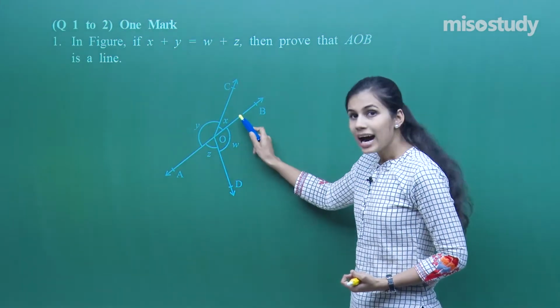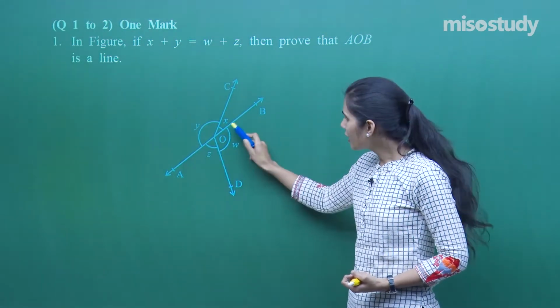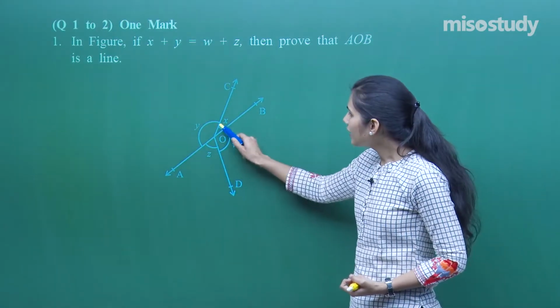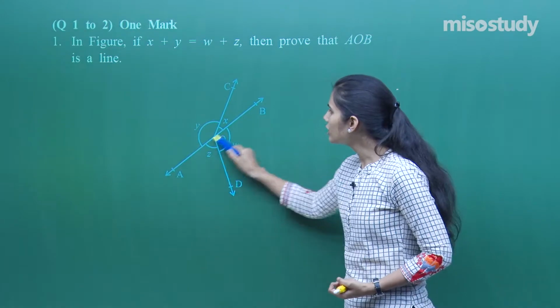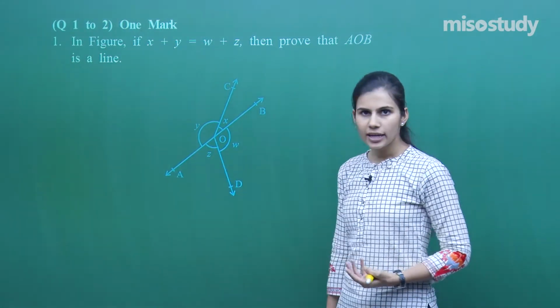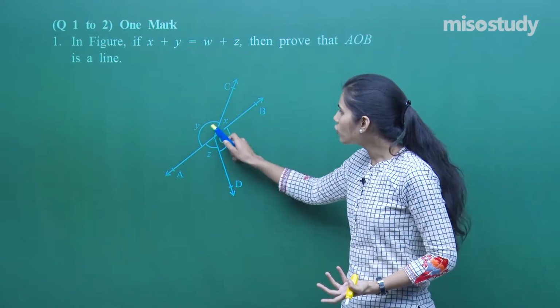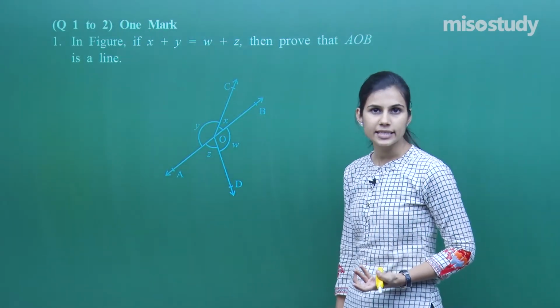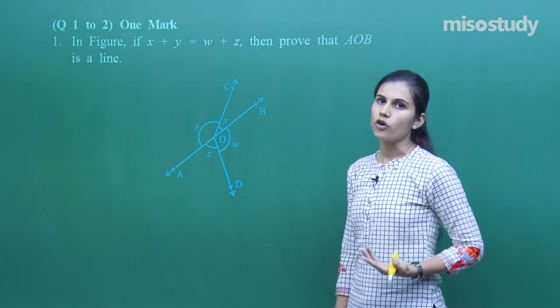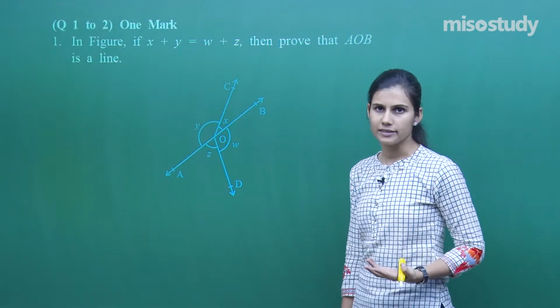And the uncommon arms are opposite to each other, or in other words, uncommon arms of x and y are actually forming a straight line. So either I can say AOB is a straight line, or I can say show that the uncommon arms of the two adjacent angles x and y are opposite to each other or are forming a straight line. It's one and the same thing.